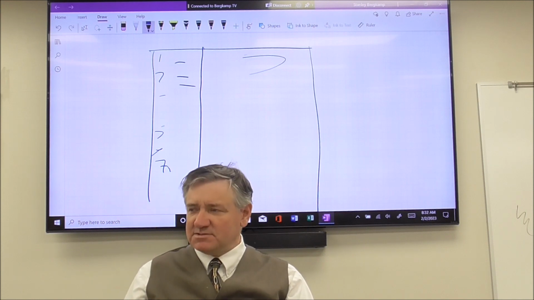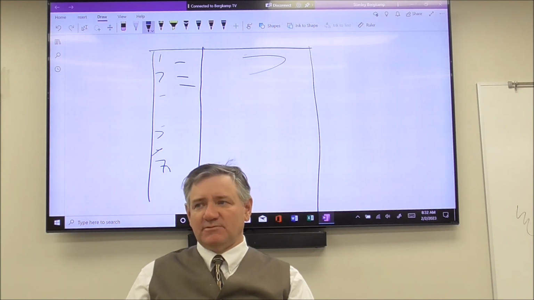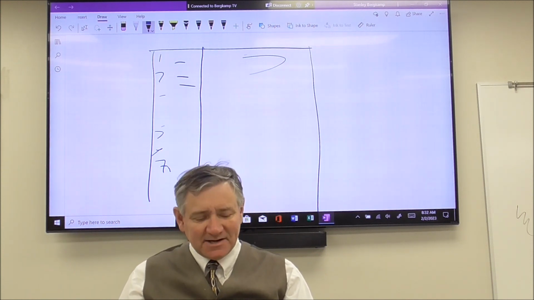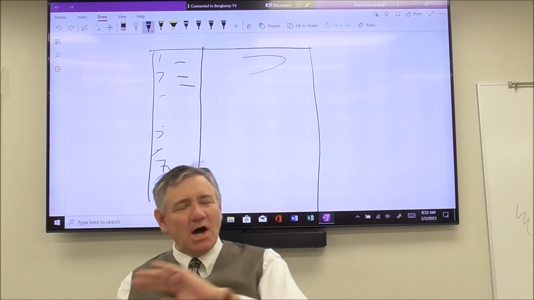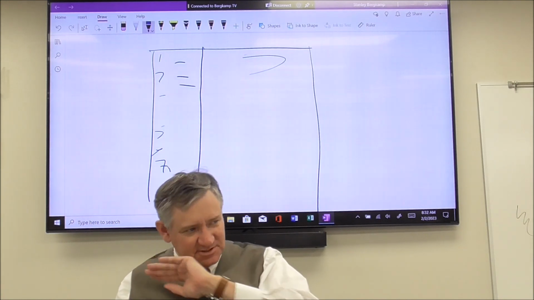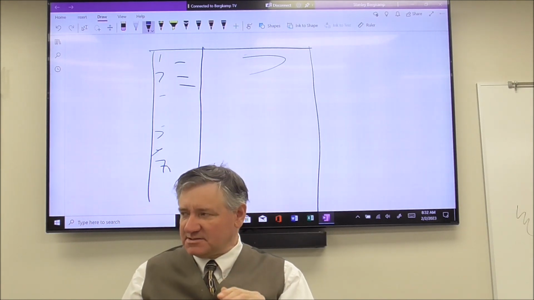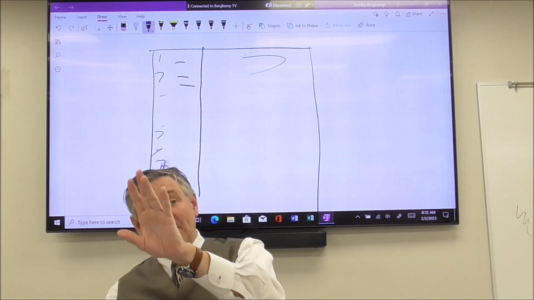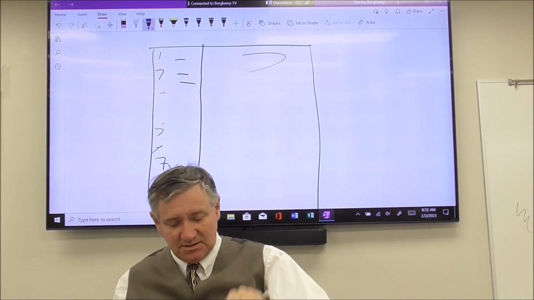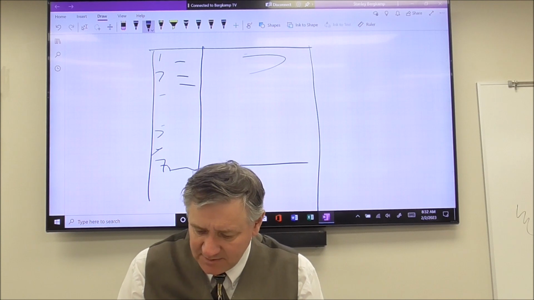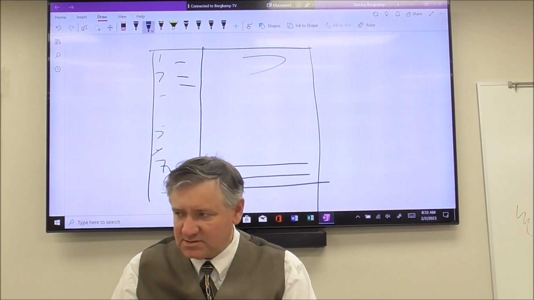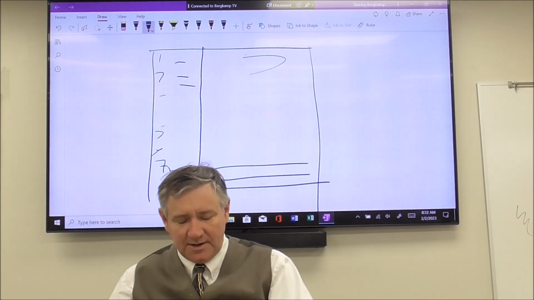If you have 0 meters per second squared, that is not an acceleration. So don't get technical and go, well, if it's 0, no, stop. 0.1, that's an acceleration. 0, not an acceleration. So when you answer number 7, you can write across this whole thing, and you can go across like that.